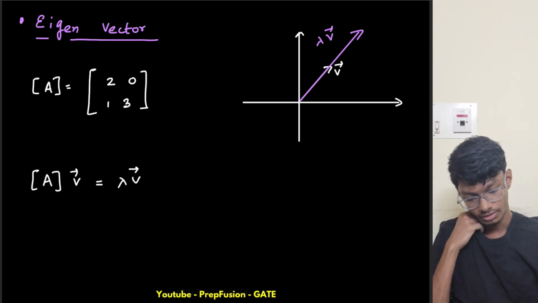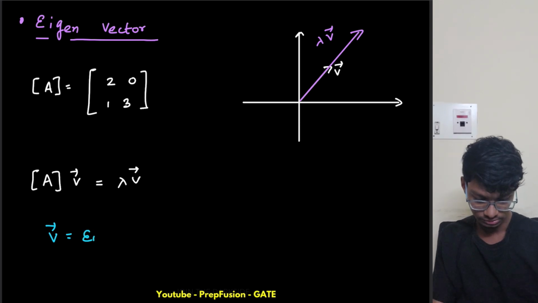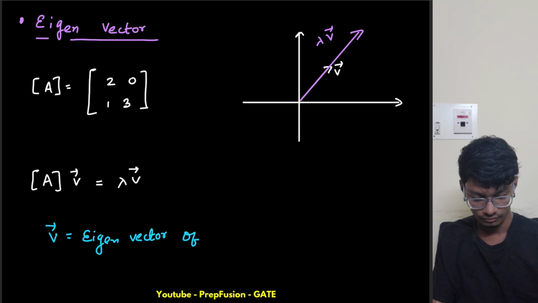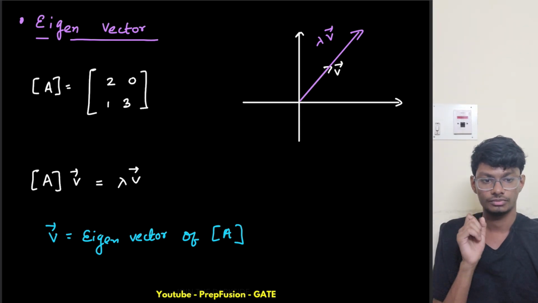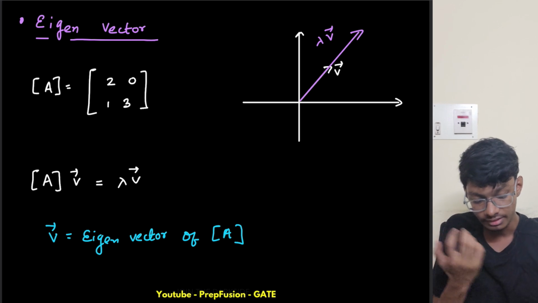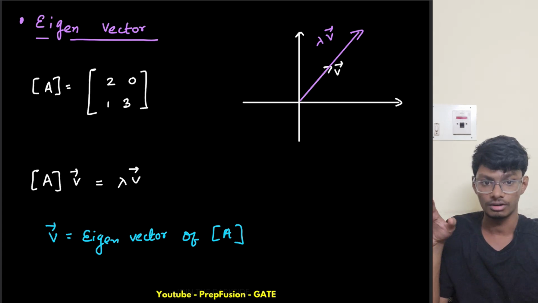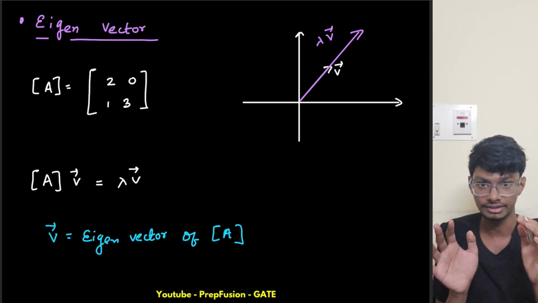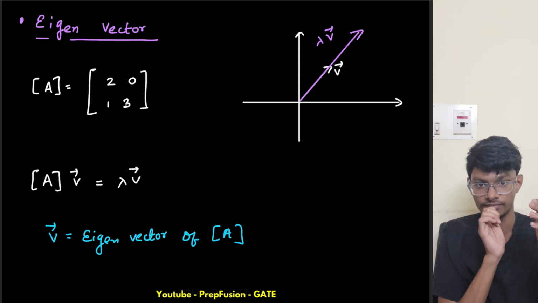Let me write here: v vector will be an eigenvector of A. It is that vector that doesn't transform the direction of the matrix, it just scales it. The direction remains the same.